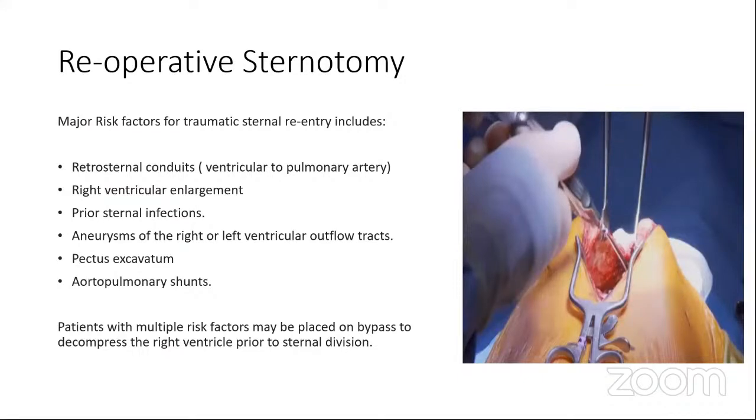Right ventricular enlargement also carries a high risk for traumatic sternal reentry, as do prior sternal infections, aneurysms of the right or left ventricular outflow tract, pectus excavatum, or aortopulmonary shunts. Patients with multiple risk factors may be placed on bypass to decompress the right ventricle prior to sternal division.